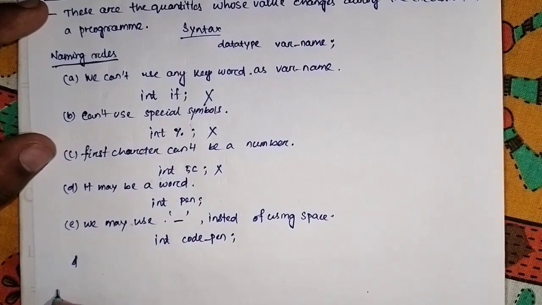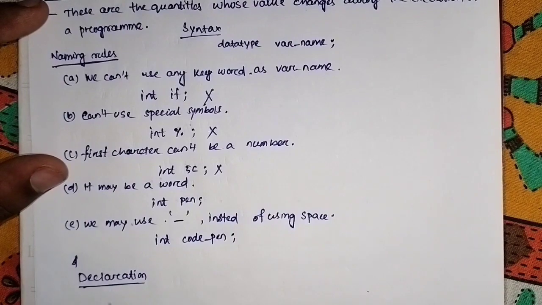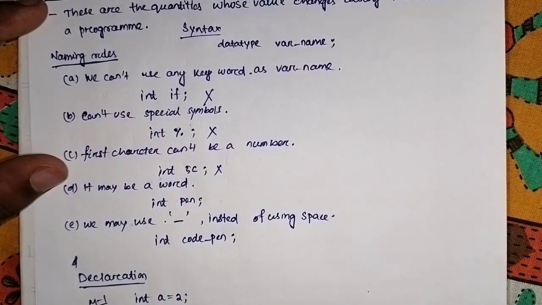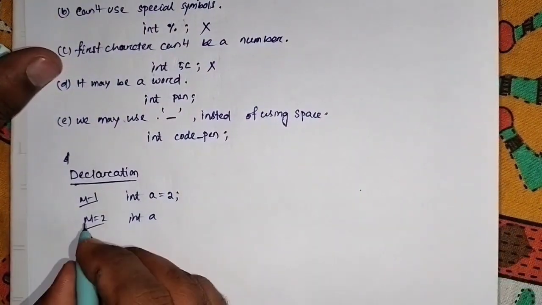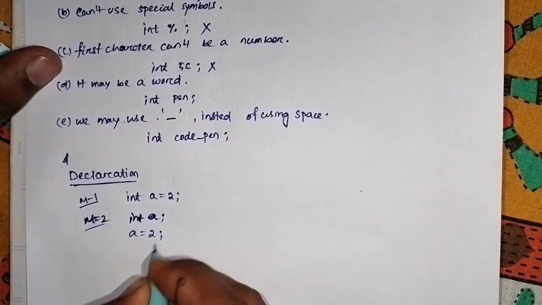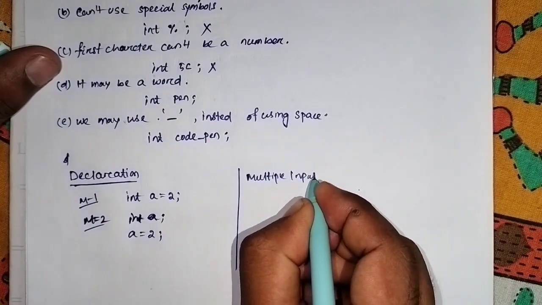Initialization and declaration of a variable. For example, method 1, we may write a variable in a single line first, int a = 2. Method 2, we first declare the variable name, then in the second line we give its value. Then comes multiple variables.